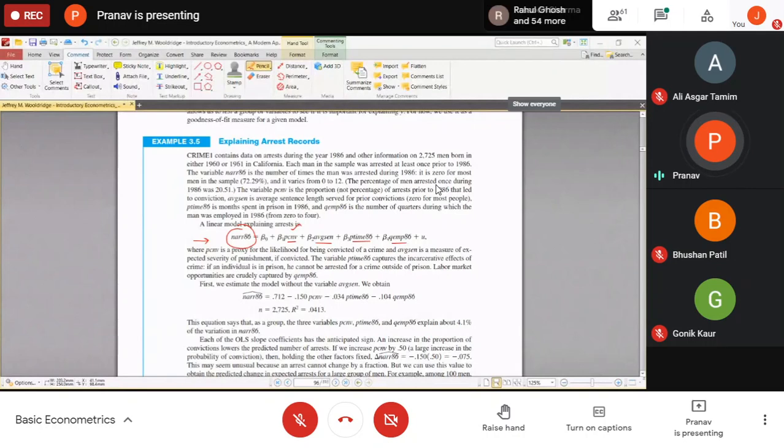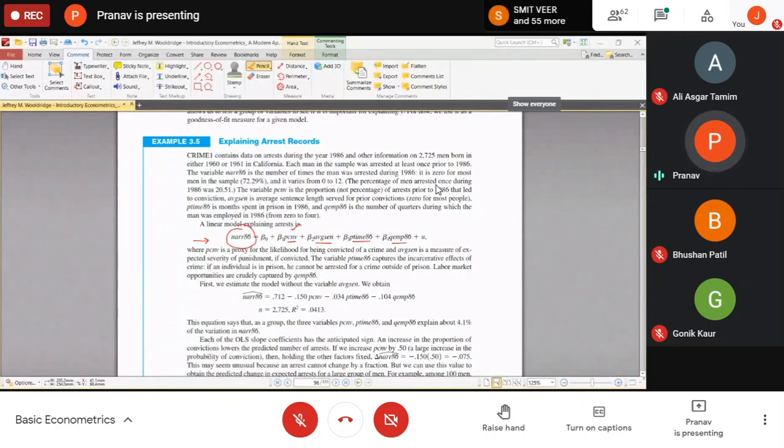Is he a repeat offender? That is, was he arrested and convicted prior to this year? If so, what is the average sentence length that is served for prior convictions? And then in the current year, the number of quarters during which the man actually found employment.